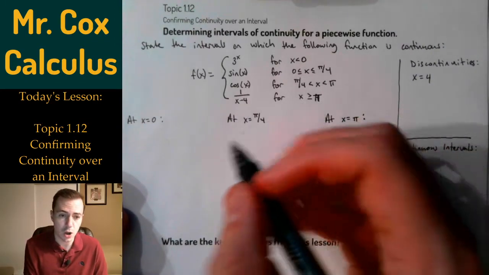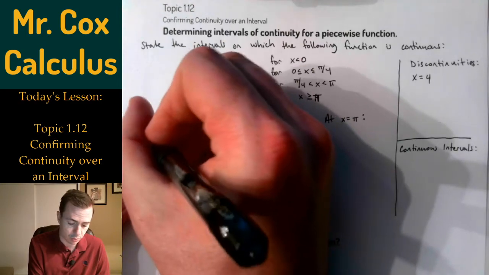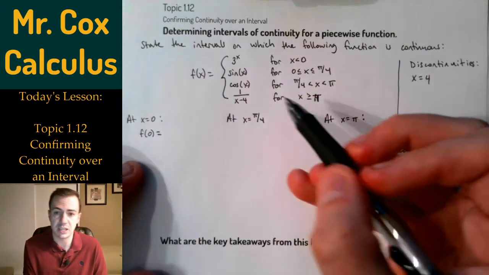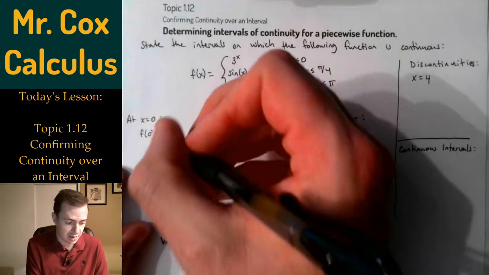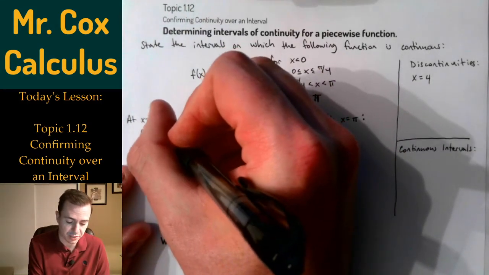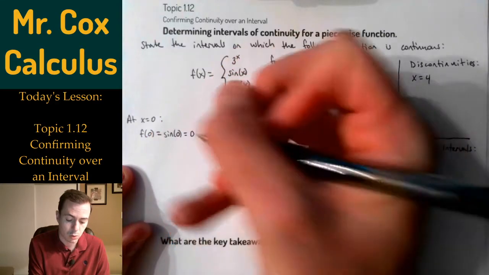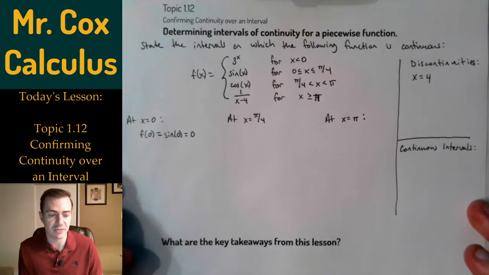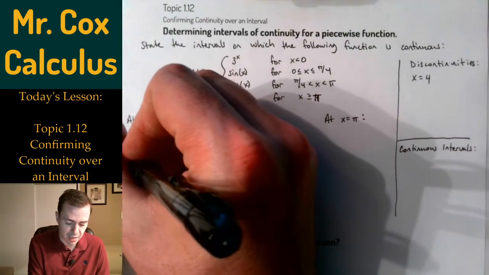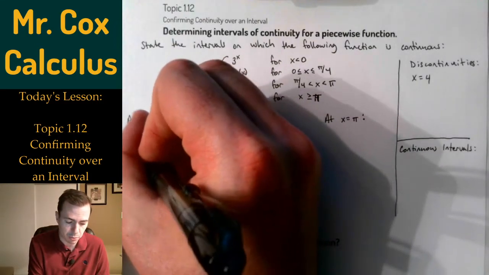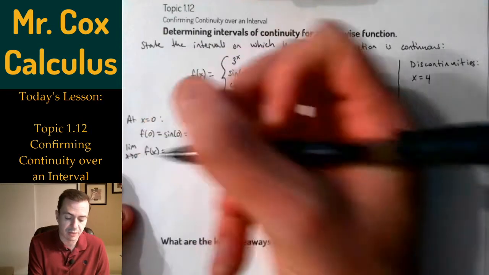Well, I already know that f of 0, if I substitute 0 in because of the equal sign, is equal to the sine of 0, which is 0. So I've got f of 0 equals 0. All right, let's take a look now at the limit as x approaches 0 from below of f of x.